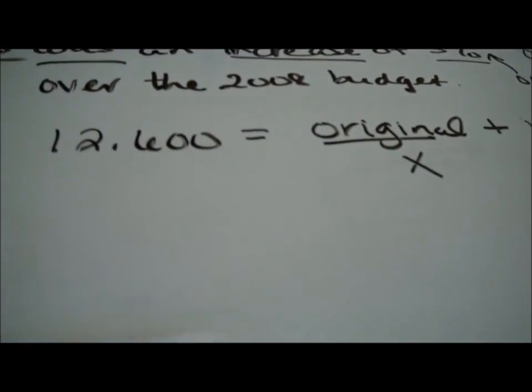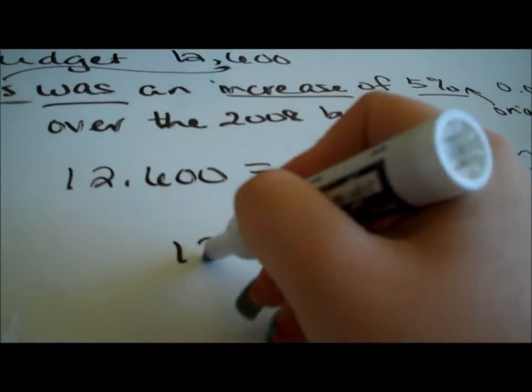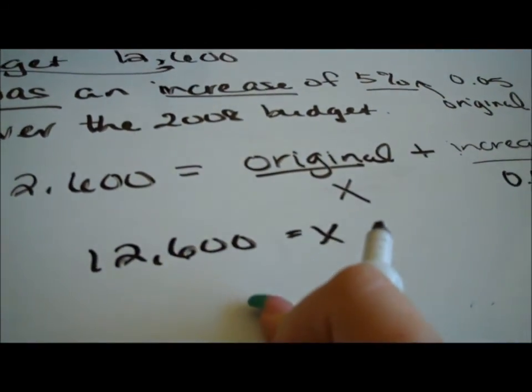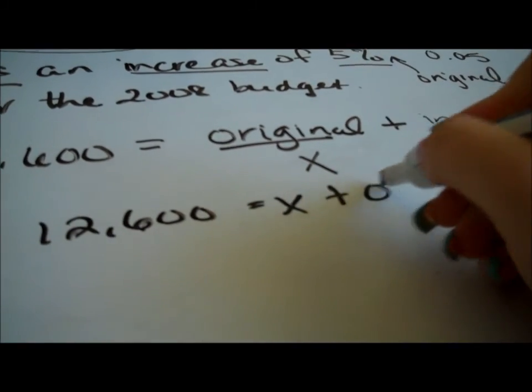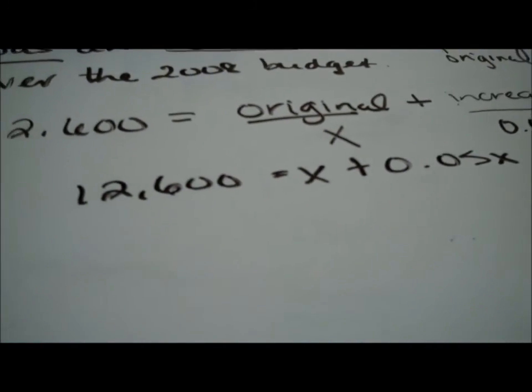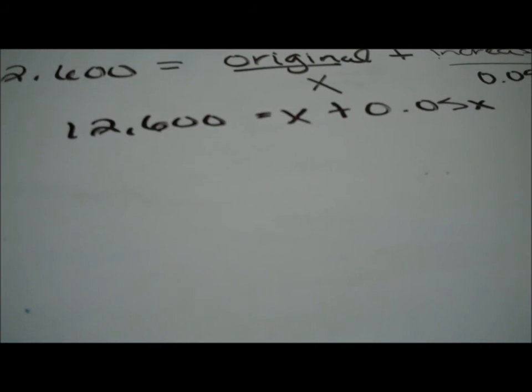Okay, so we go back to our original problem. Let's rewrite this so that it's all nice and pretty. We have 12,600 = x + 0.05x.